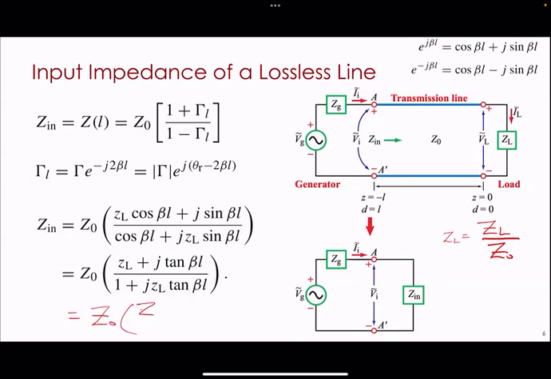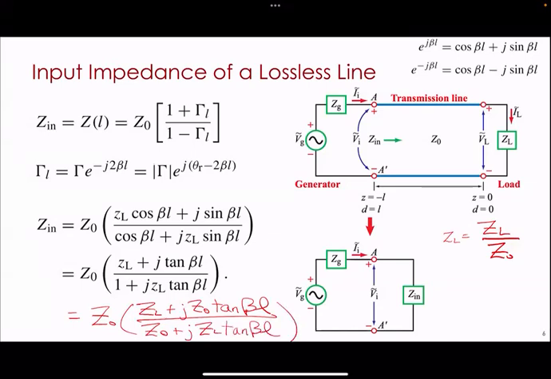Basically, you just multiply the top and the bottom by Z naught. So just make sure, I will try to write the little z_L without the little cross in the Z, so you can tell by my writing, because otherwise it's hard to tell.